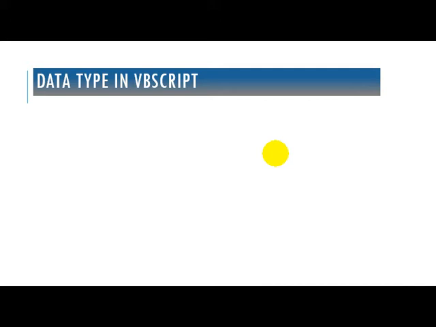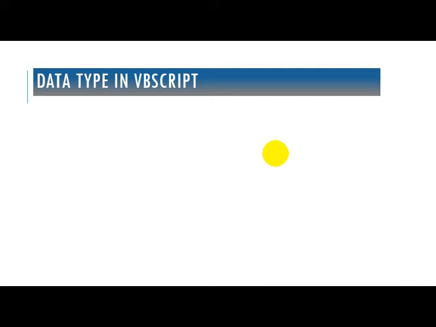In other languages we have data types like string. Whenever you use a variable, you must define it as a string so that the variable allows only string values. Or when I want to use a variable to pass a value for a date field, that variable should be defined as a date, so that it accepts only date values.